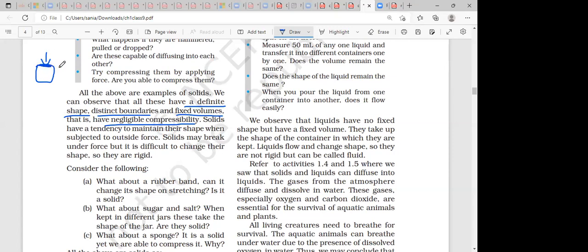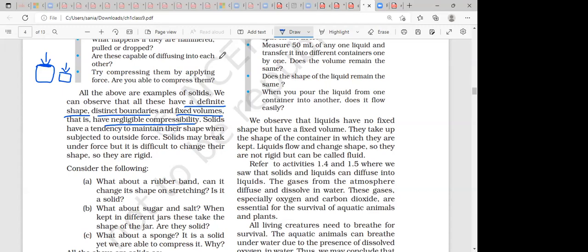You are not going to compress it. Compress means, for example, with this position, if I am compressing it and now it is becoming like this. So that is compression. I am putting pressure, press. So compress means I am putting force and pushing it down. But in solids, it is negligible. You cannot compress any solid particle.